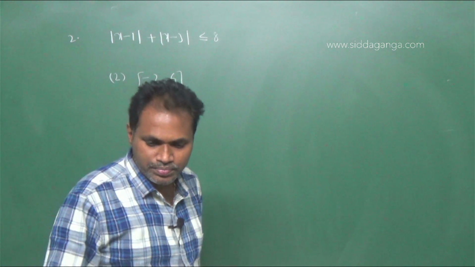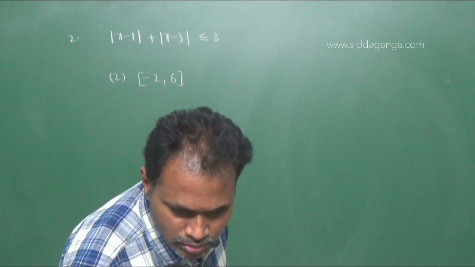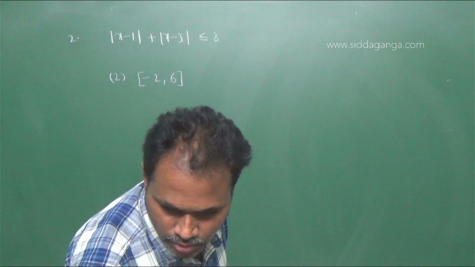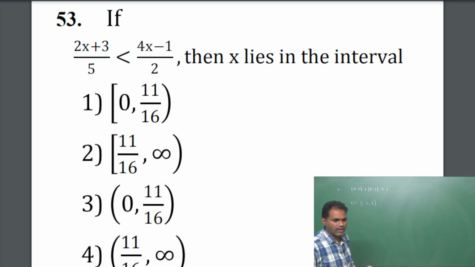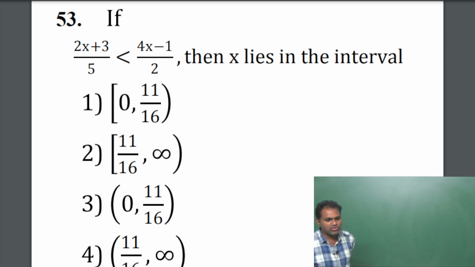Next problem. Next, problem number 3. The given inequality is (2x + 3)/5 < (4x - 1)/2, then x lies in the interval.